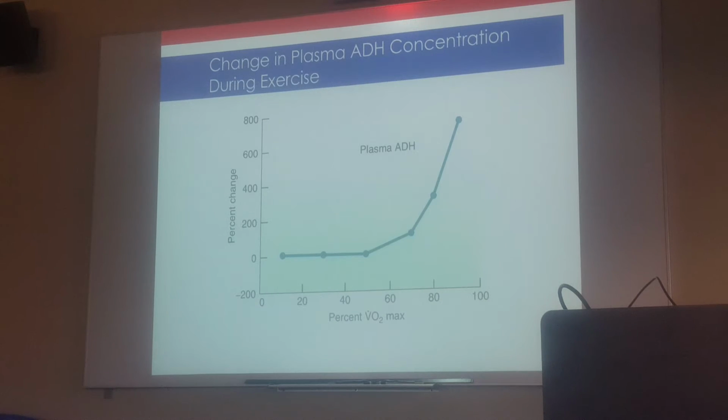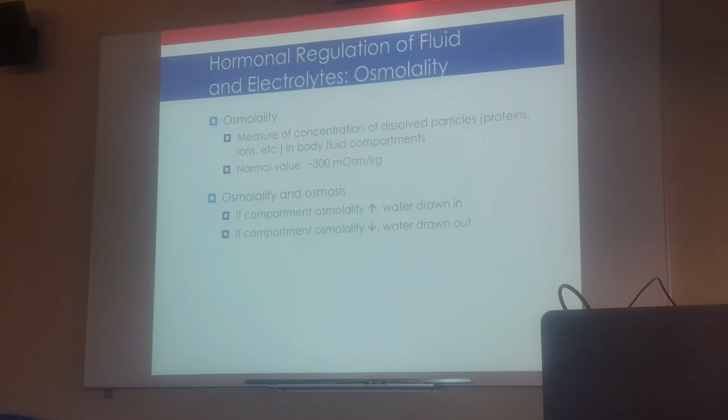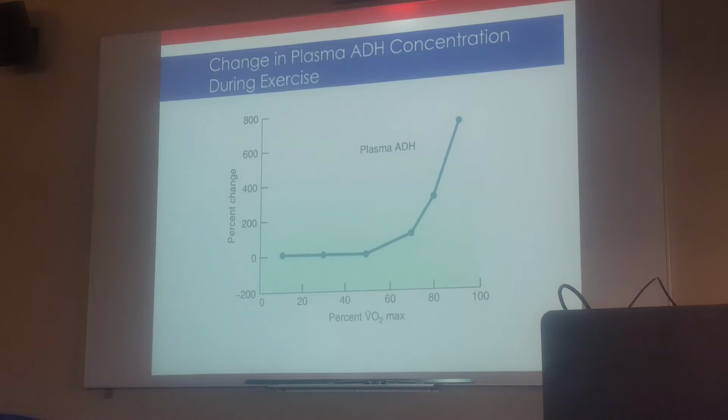This diagram is no different than the diagram that I showed you. Same diagram, I think this one actually is from the text. So here's what happens to plasma ADH. Relatively stable until we get to 50 to 60% VO2 max, then we see an increase in plasma ADH, and it's a pretty large increase.